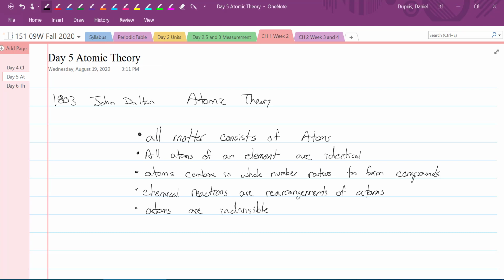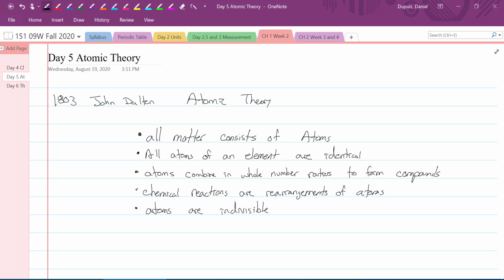That doesn't mean theories are less important per se. Just saying laws are predicting behavior, and they're very good at predicting behavior. All right, and so his atomic theory, Dalton was trying to explain how atoms work. What are atoms?